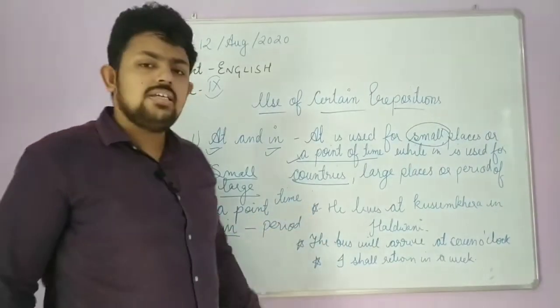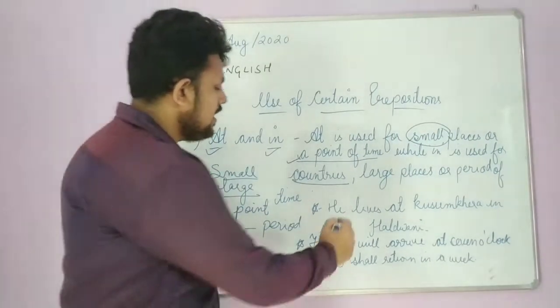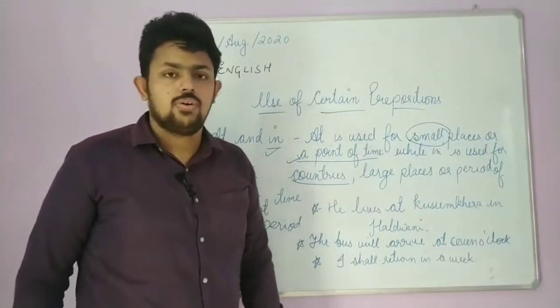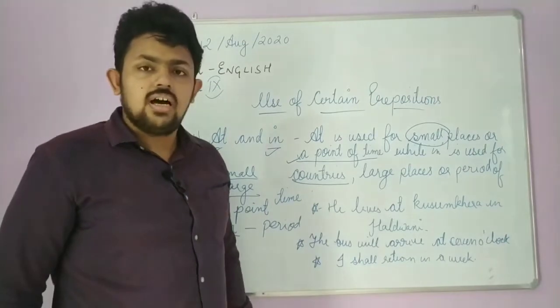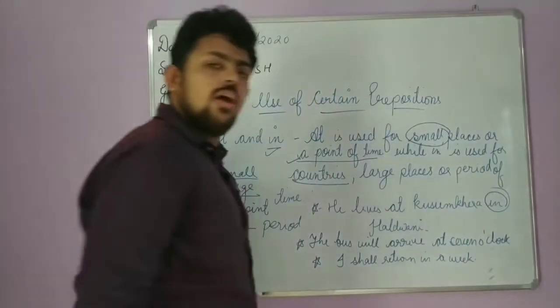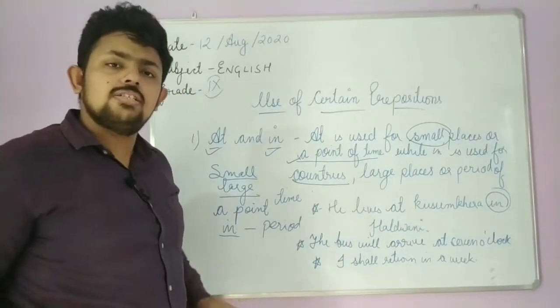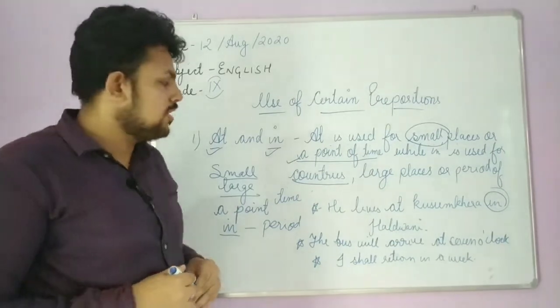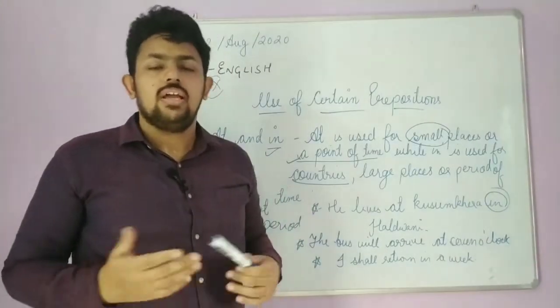So here, see a few examples. He lives at Kusumkheda in Halwani. See, Halwani is a large city, a big place, so you will use in, while Kusumkheda is the specific place where he resides. Suppose he resides at Uchapul: he lives at Uchapul in Halwani.